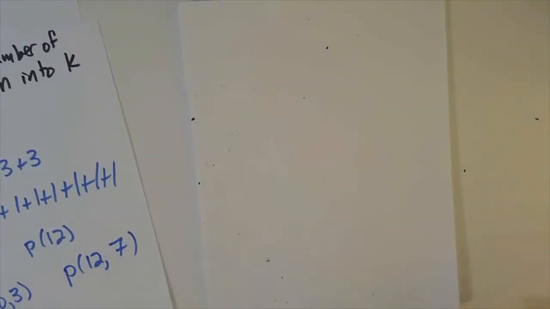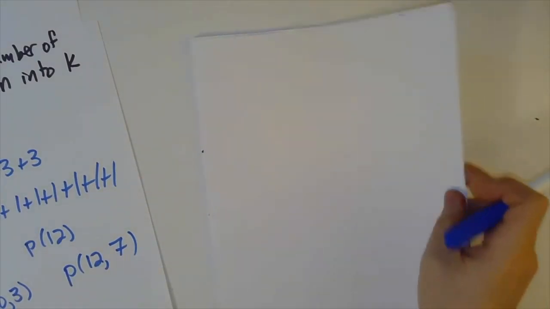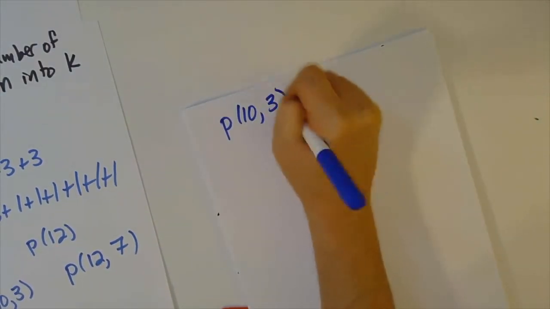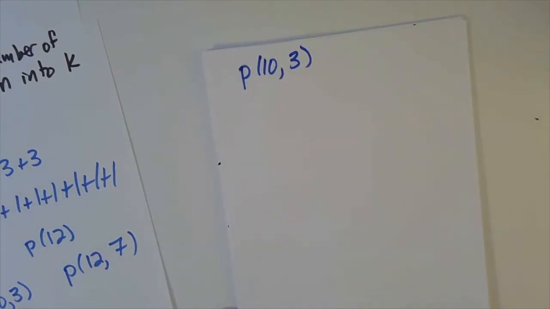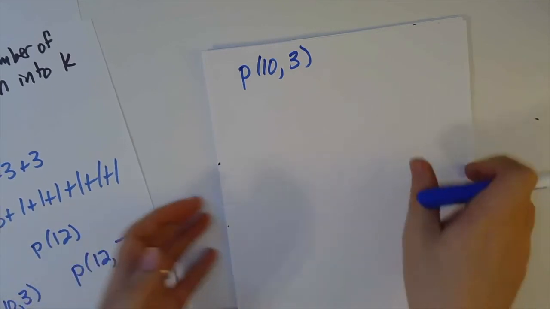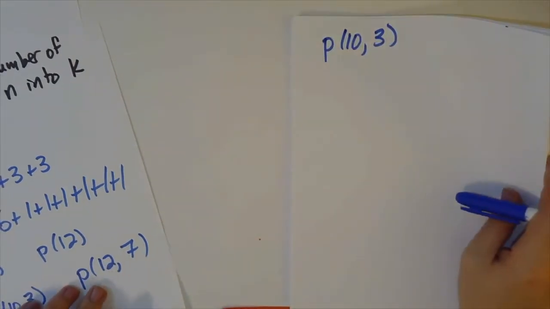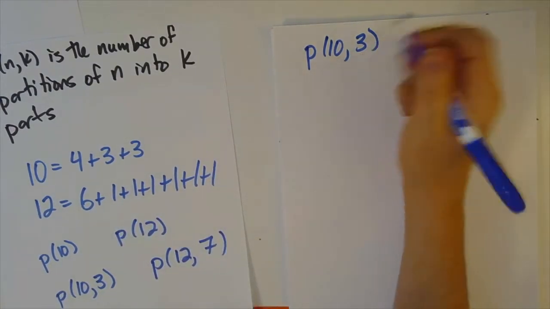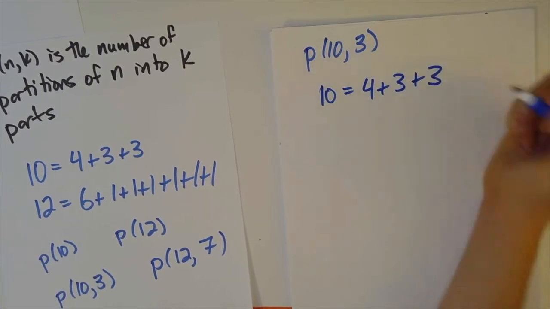So it's then maybe surprising that something like p of 10,3 would appear anywhere in our table of questions about putting balls into urns, because it doesn't seem to have anything to do with that by our definition of it. But here's how I want to think about this. We've got 10 is 4 plus 3 plus 3.